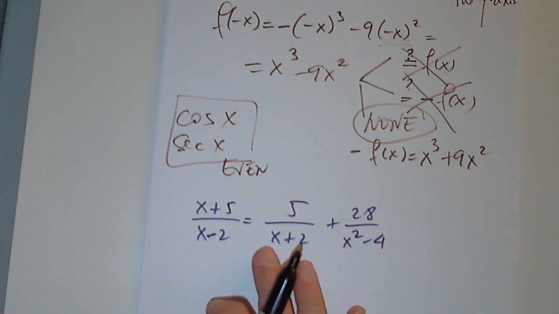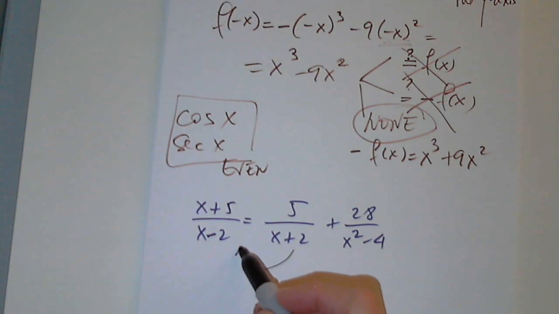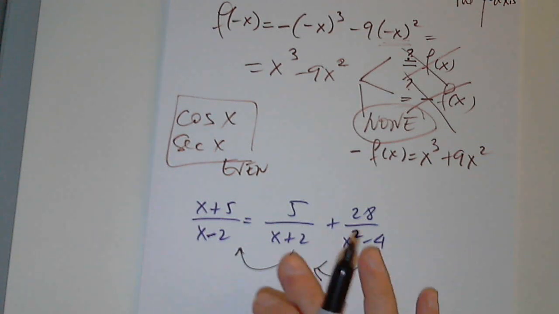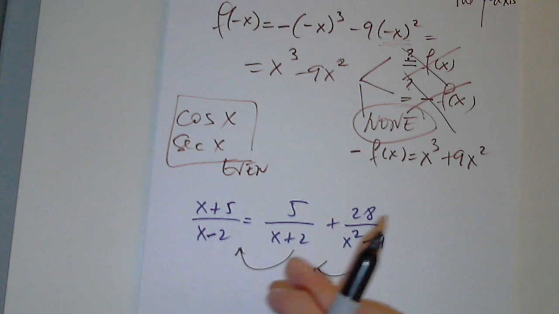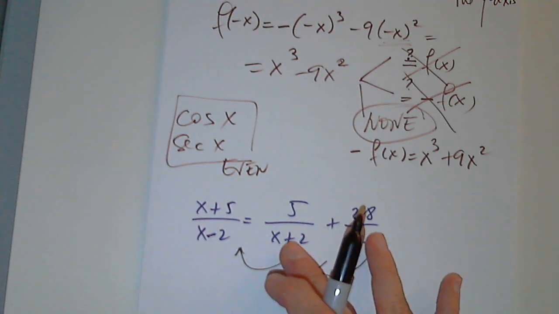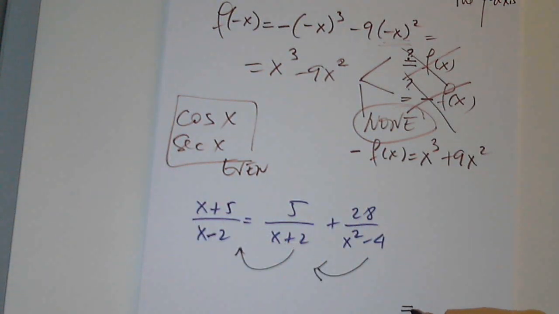So what I'd like to do is move these two terms to the other side. If I move terms from one side to the other, I only change the sign in front. But if I move these two terms here, I'd like to know what is left on the other side. Very good.